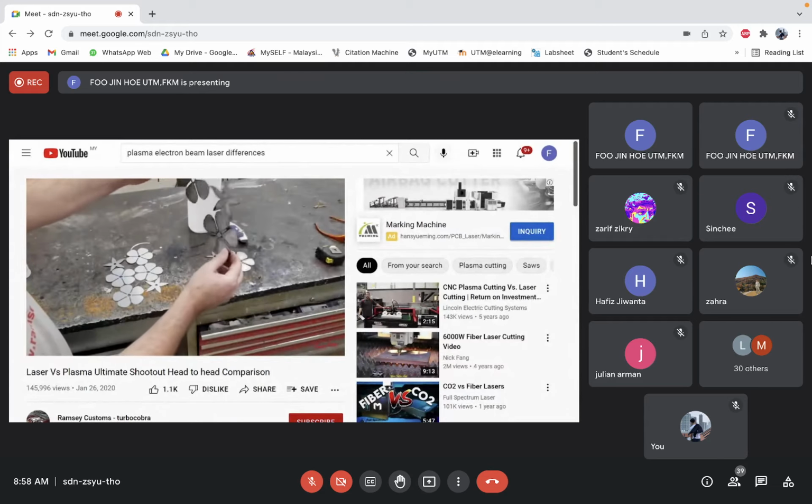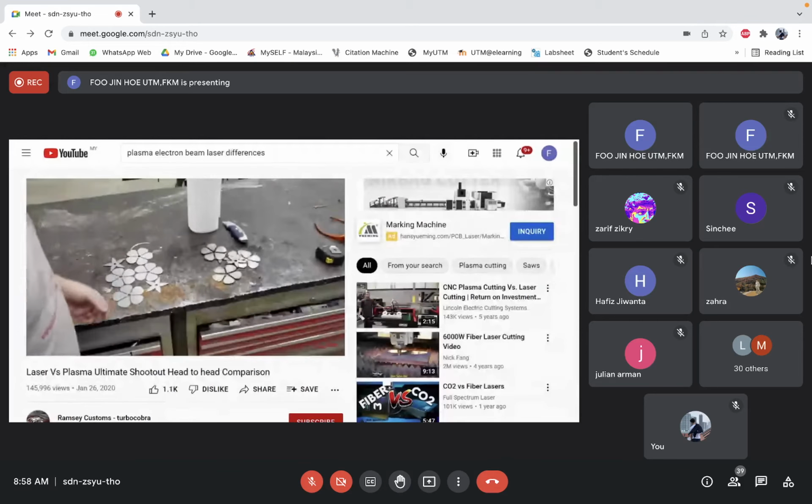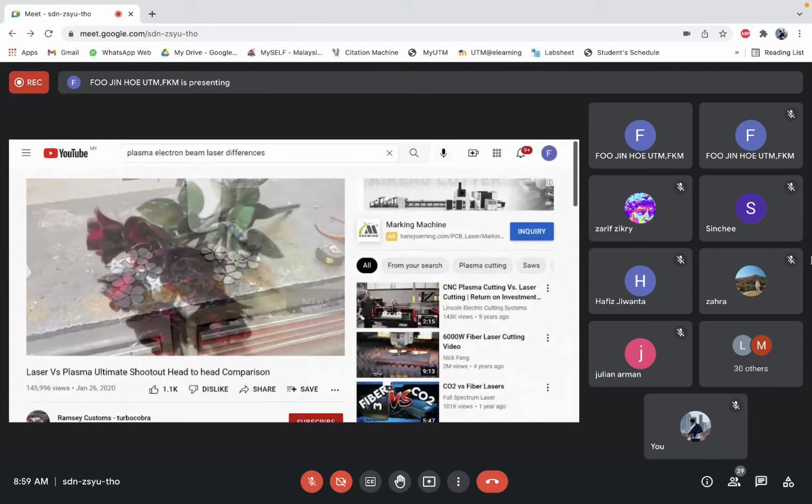Being able to hold that thin material while you're trying to grind it, it's not a good solution. This is really where the laser, in my mind, shines over plasma. On thicker materials, 1/4 inch steel, whatever, you have a hard time finding much of a difference. There is a difference, but this is where it really stands out.